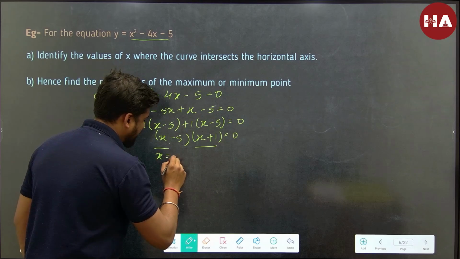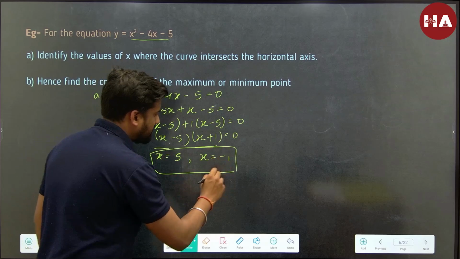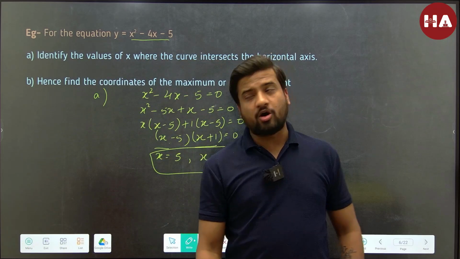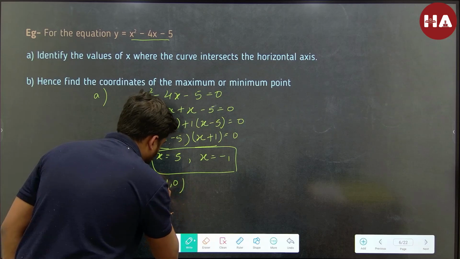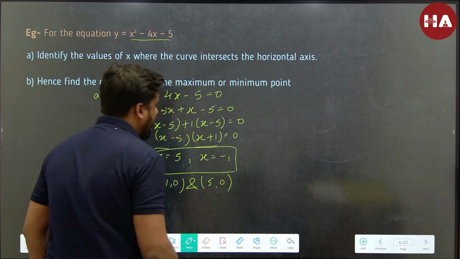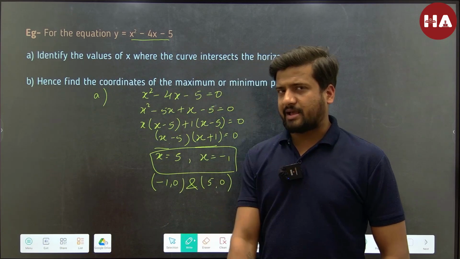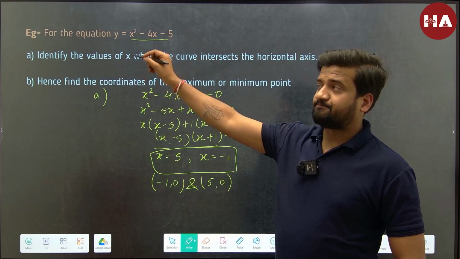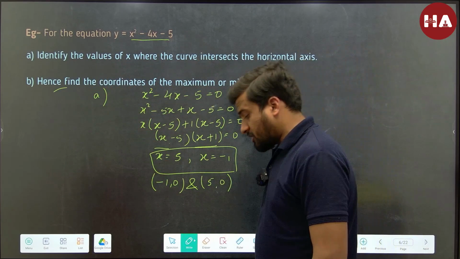So x can be 5 and x can be minus 1. So these are the 2 points, or I can say that minus 1 comma 0 and 5 comma 0 are the points where the graph intersects the x-axis. That's my first part. Now the second part: hence find the coordinates of the maximum or minimum point.